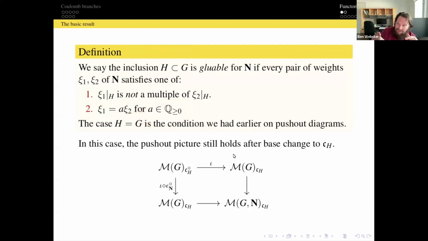So before I had to worry about things which were negative multiples of each other, but now I have this slightly funny thing where I don't want things where these guys are multiples of each other after restriction to H, not after restriction to H. And this is exactly the hypothesis I need to make sure that this pushout picture still works after base change to C of H.